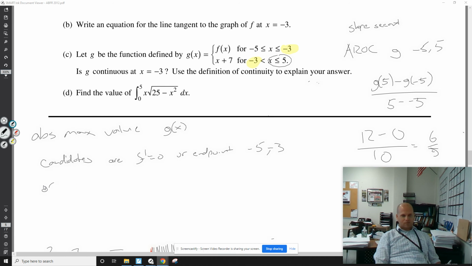Or the max of x plus 7, which is at the endpoint. Well, x equals 5, and then g of 5 is 12. I'll say g of 5, which equals 12. That's easier.